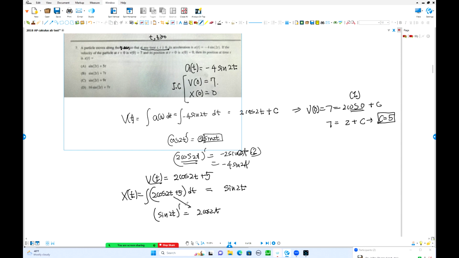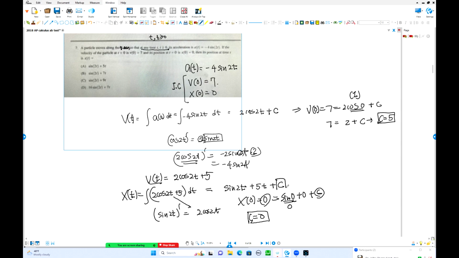And we have a 5 over here, that is 5t, plus c. Now the initial condition: when t equals 0, x equals 0. Put 0 in there. Sine 0 equals 0. So c equals 0, c is also 0.